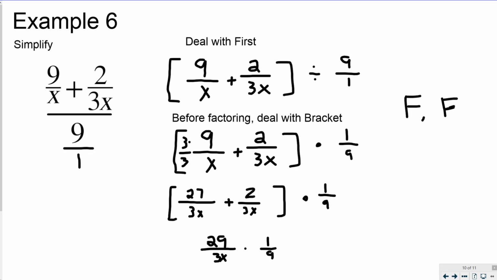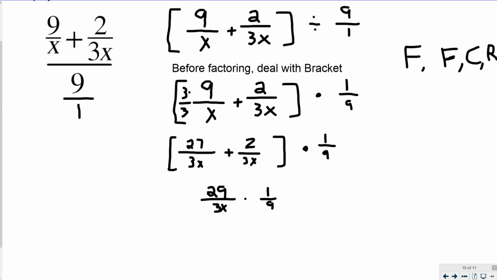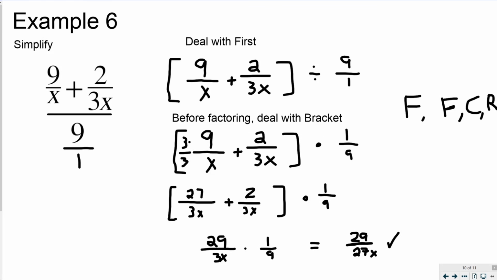There is nothing to factor, so we're going to go right on to canceling, and then on to rewriting. 29 times 1 on the top, we simply get 29. And on the bottom, 3x times 9 gives me 27x. And 29 and 27 have nothing in common, so that leaves me with my final answer completely rewritten as 29 over 27x.